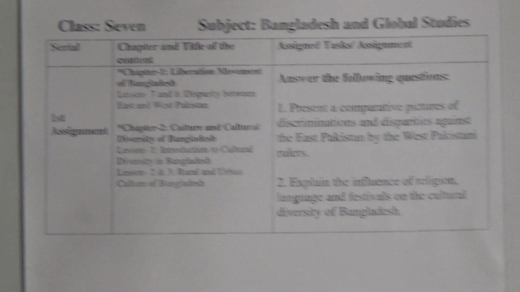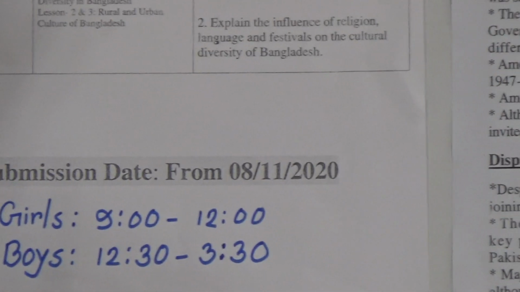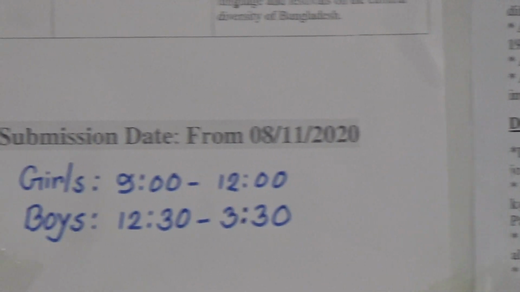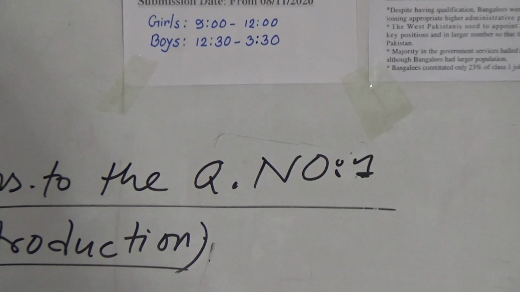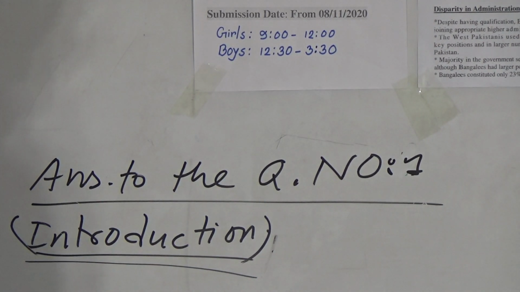So you will write the answer like this. Answer to the question number 1, with the introduction, body and conclusion of the answer. My dear students, you do not need to mention introduction, body and conclusion in your assignment.